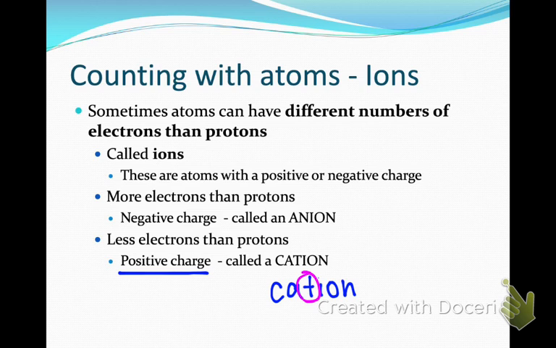So if you can remember that, you'll know that anion is the negative and cation is the positive charge. So examples of cations could be potassium +1, rubidium +2, right? Silver +1, because all of these charges are positive. That's what makes them a cation.